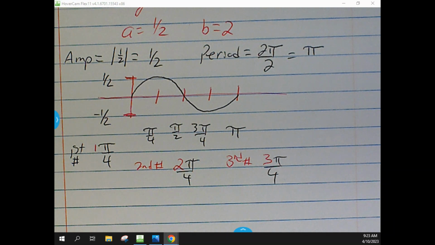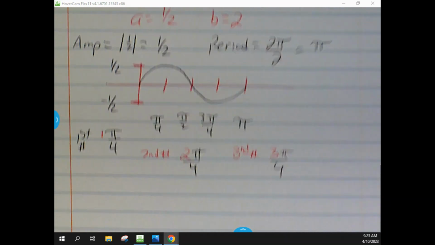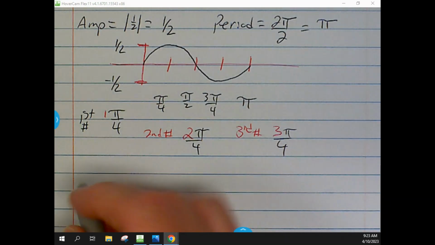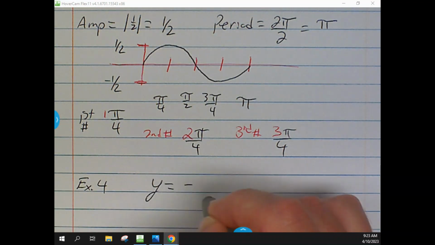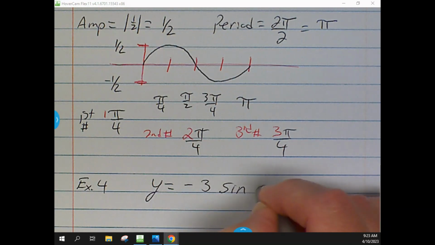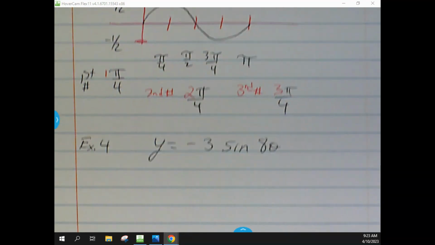Okay, now one thing we haven't done yet. Didn't do any negatives yet. So I'll show you what a negative looks like. So let's go -3 times the sine of 8 theta.